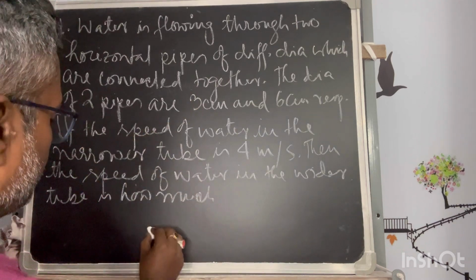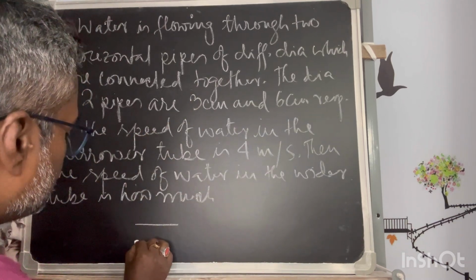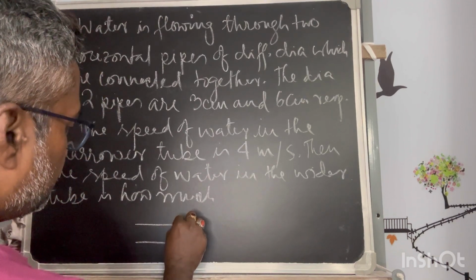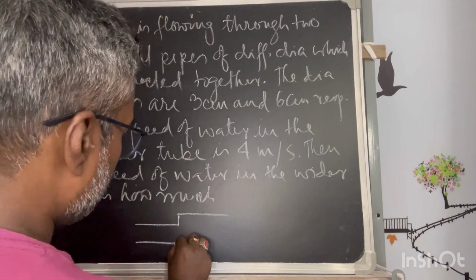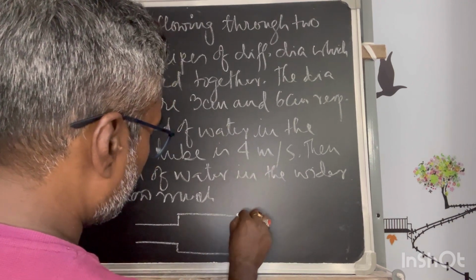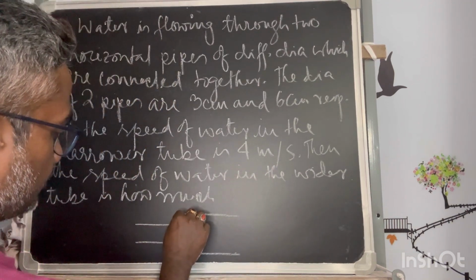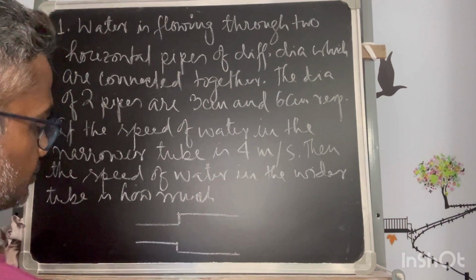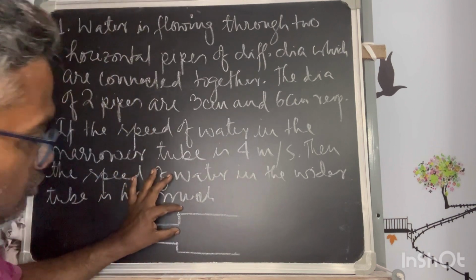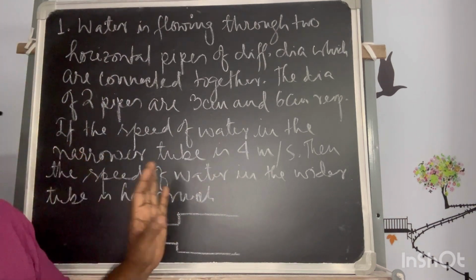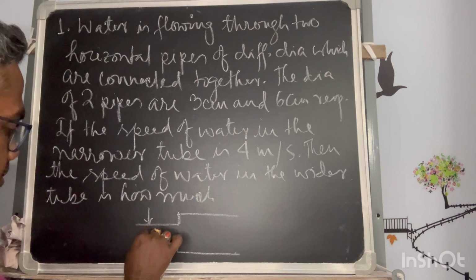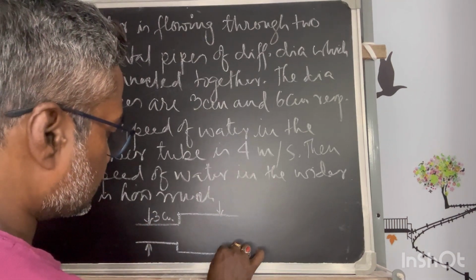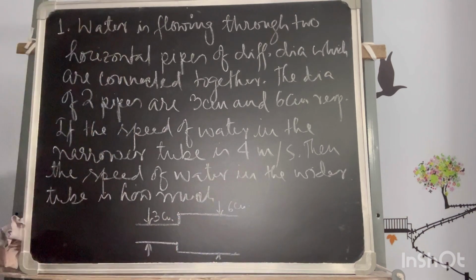If I assume the first smaller diameter tube is placed, and then the bigger diameter is placed after it, it has to be a seal proof joint because the diameter is different. So we are assuming it is sealed, there is no mass loss. This is the diameter of the first tube, the smaller, 3 centimeter, and the later one is 6 centimeter.